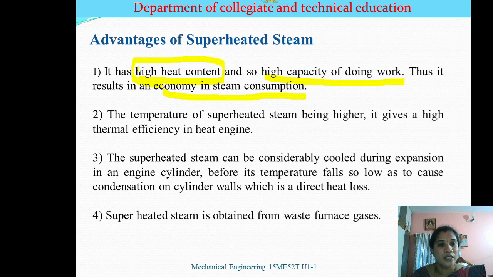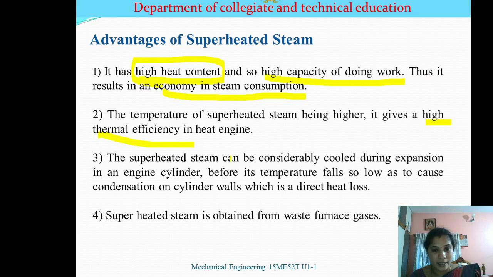Okay, so the steam has high heat content and the ability to absorb high heat, which helps us do more work, which will result in an increase in efficiency. As we already know, the superheated steam has a temperature higher than the saturation temperature, so obviously it yields high thermal efficiency.